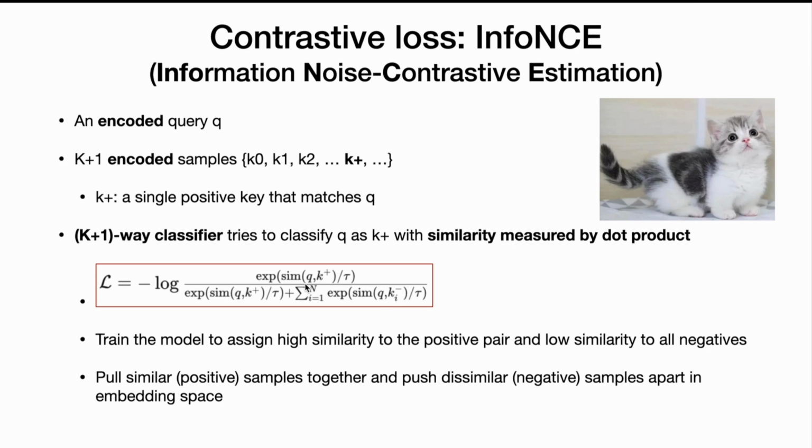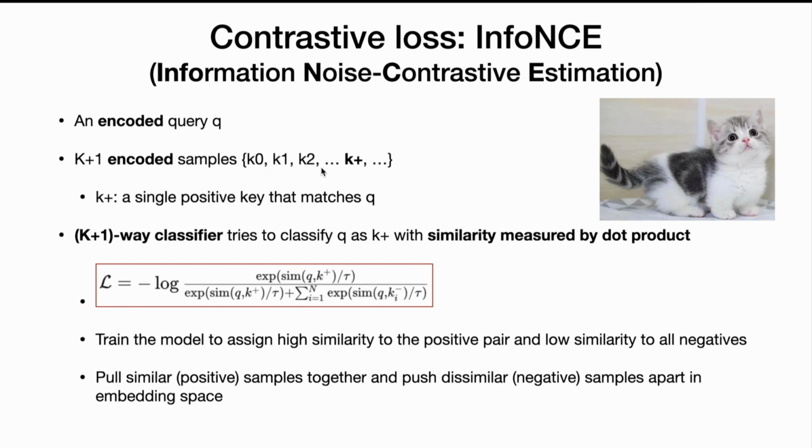That means positive samples are put together and the negative samples are pushed apart in this embedding space, because these are all encoded queries and keys.